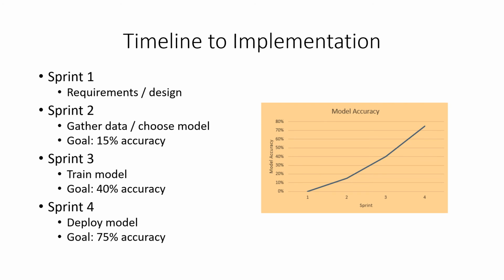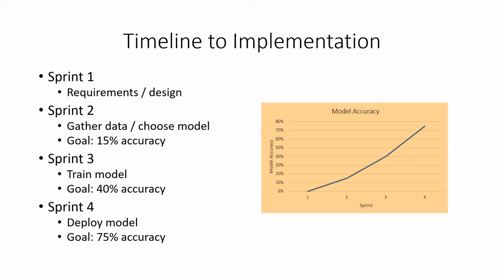Next, timeline to implementation. We've got 4 sprints here. That's hopefully what it's going to take. We're using a Scrum methodology. On the left, in sprint 1, we have requirements and design. Sprint 2, we're going to gather data and choose the model.